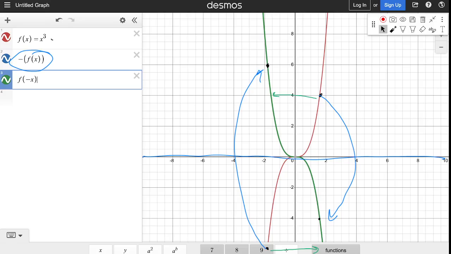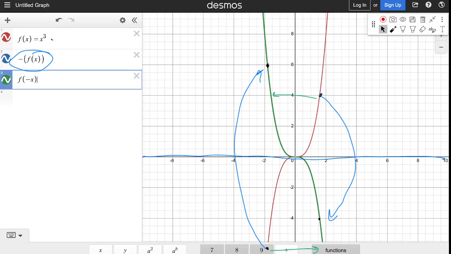So this reflection that happened because of a negative on the outside, the y is changing, is the same thing as a reflection from the inside with a negative on the x. Now, this doesn't always happen. The only time this is going to happen is when we have a function that is symmetric about the origin.